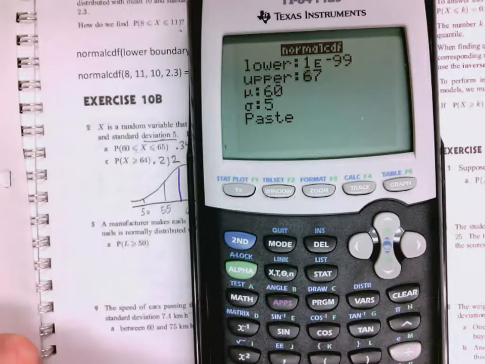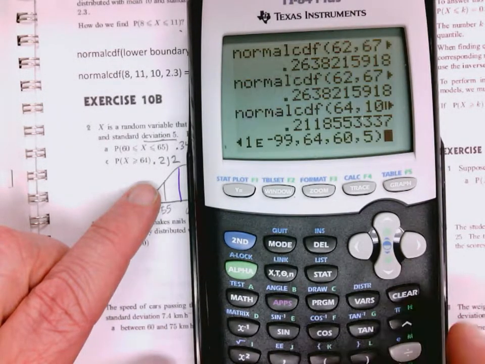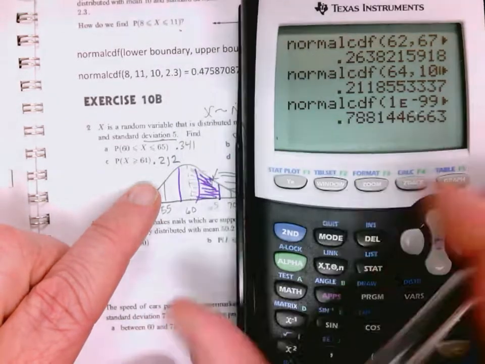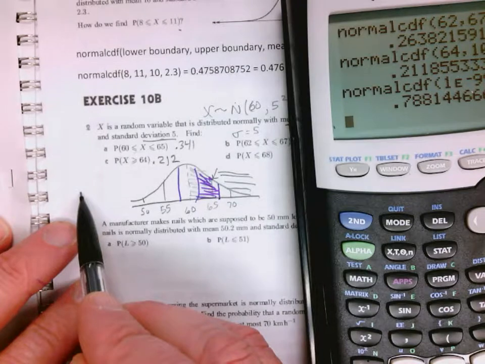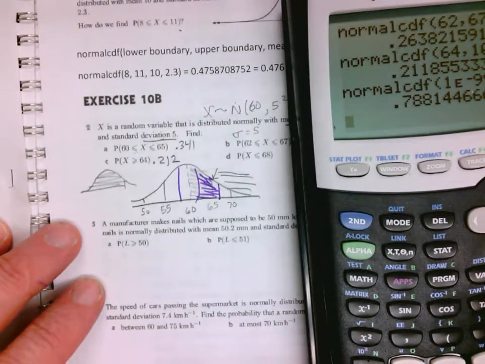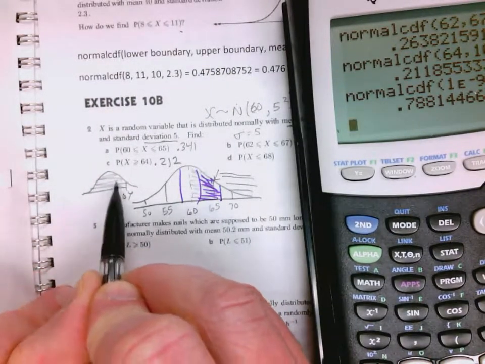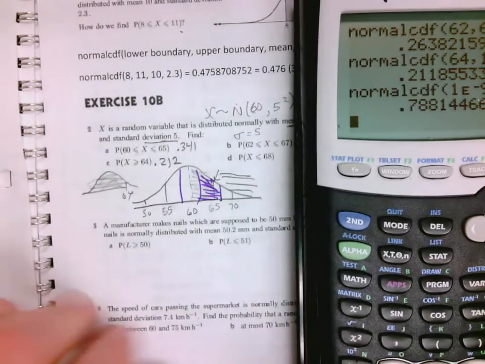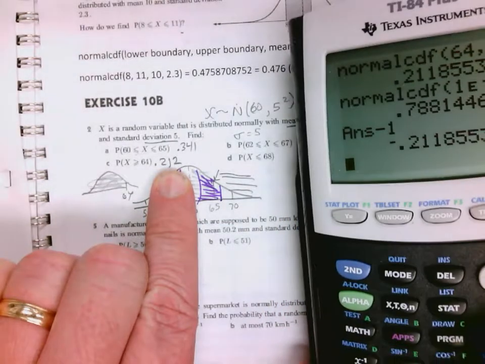If I went from 0 to 64, same information, you notice I get 0.788 because my calculator gives me everything that is less than or equal to my number. So 64 is right here. The probability section is 0.788. So if you subtract 1 from that, you get back to where our answer was, the 0.212.